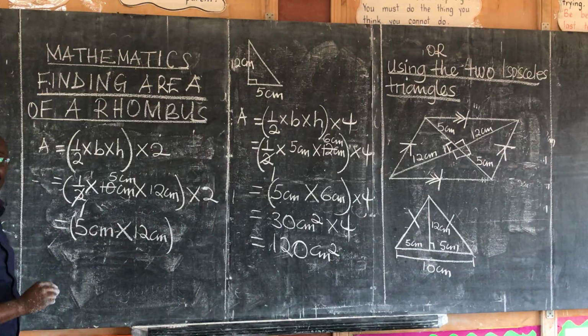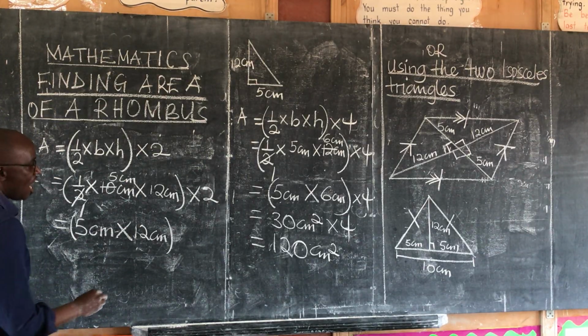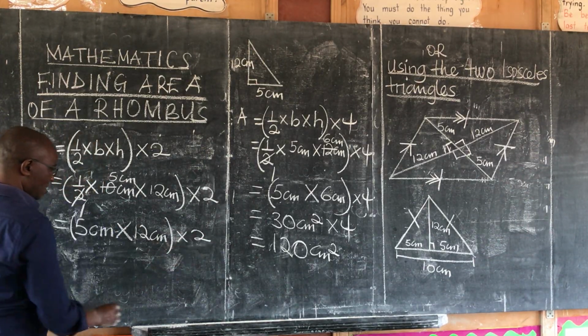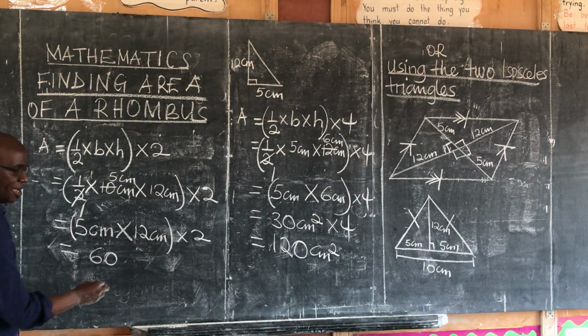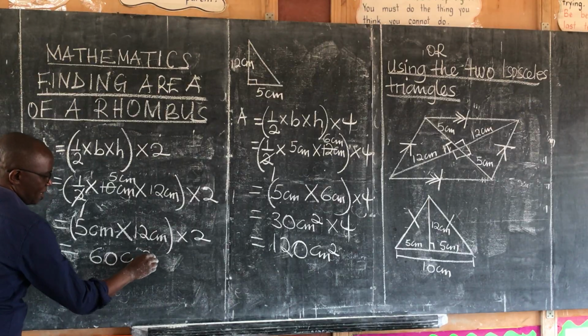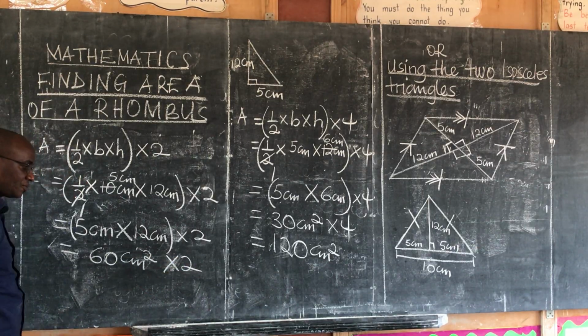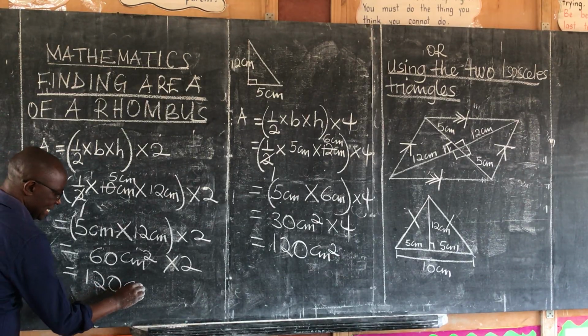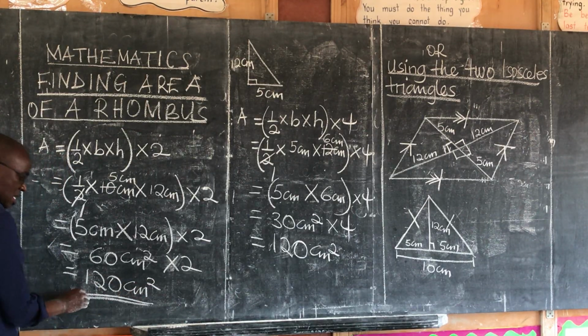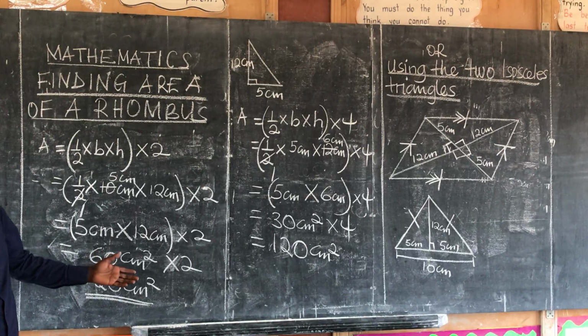That is after getting the area of the isosceles triangle, times 2. 5 times 12 is 60. Cm times cm is cm squared, times 2. So you end up with 120 centimeters squared. And we're getting the same answer.